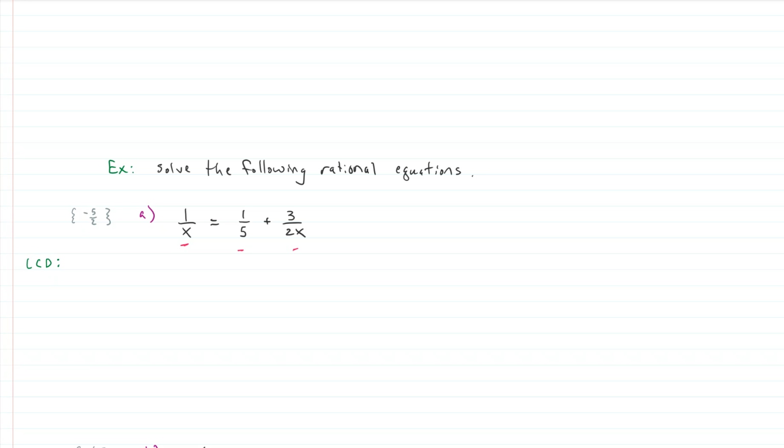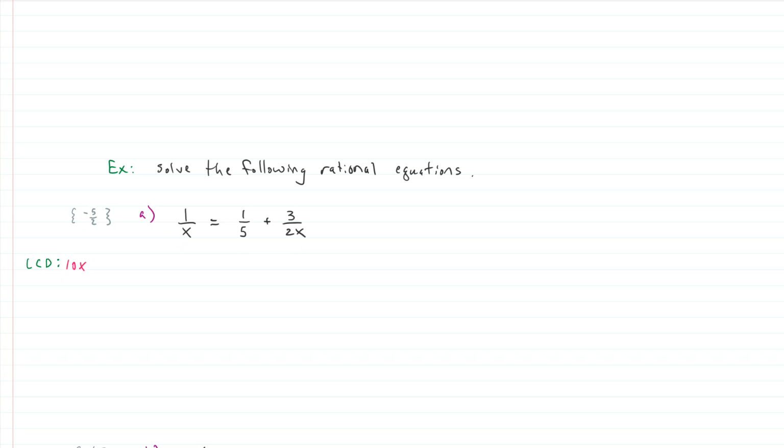We need something that each of those can divide into, so that when we multiply through, everything gets canceled. So if we use 10x, then if we multiply 10x by every term, there would be something in 10x that would cancel everything. So let's try that. I think that'll work.